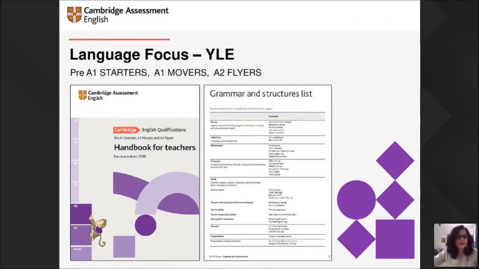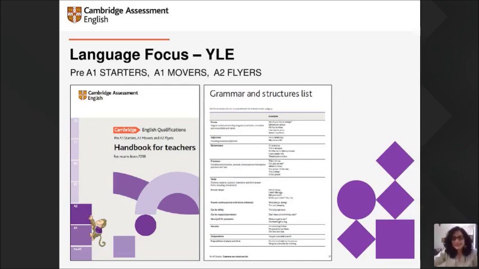Now, in front of you, you will see the handbook for teachers, and there is a certain page, the screenshot of which is visible on the slide. Now, this is what I meant by language focus. For every Cambridge exam, you have a grammar and structures list, which is primarily the language focus for that particular exam.